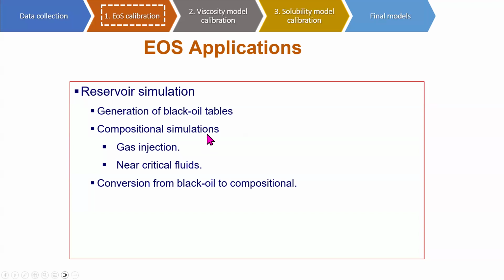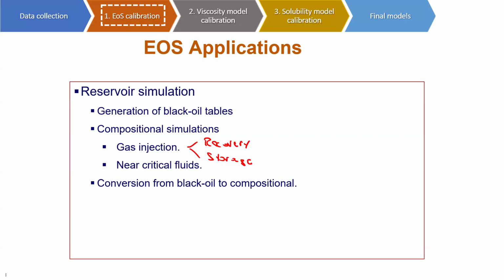For compositional simulation, which is very commonly used in gas injection for recovery projects, or for storage, you are dealing with gas injection. In this case, you need to have an equation of state.